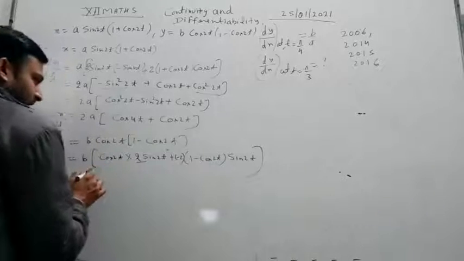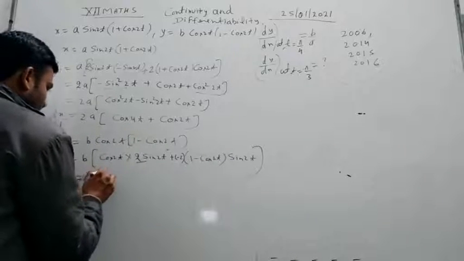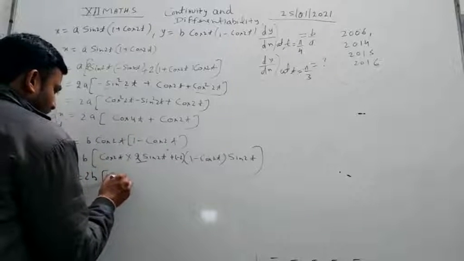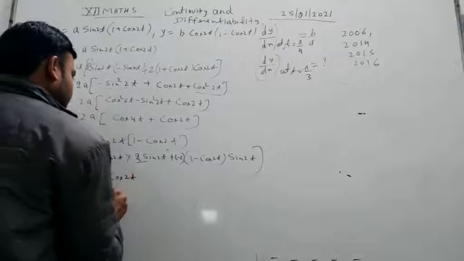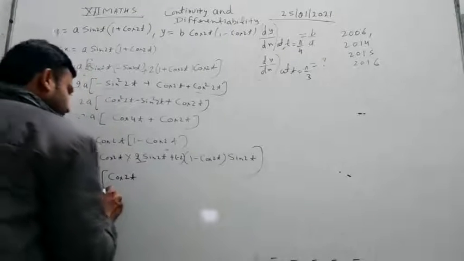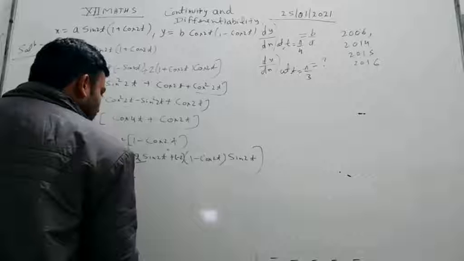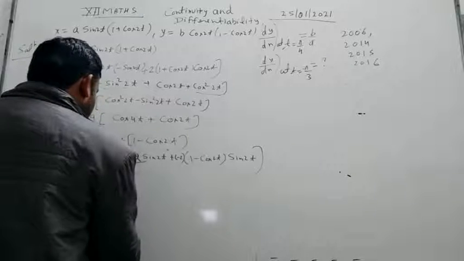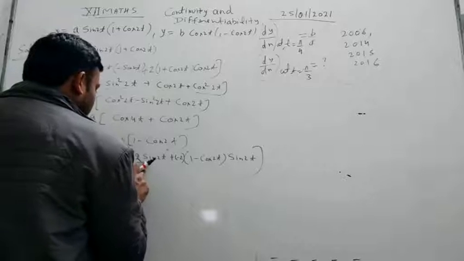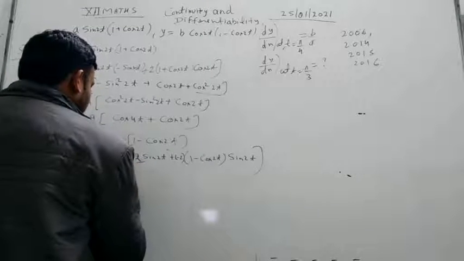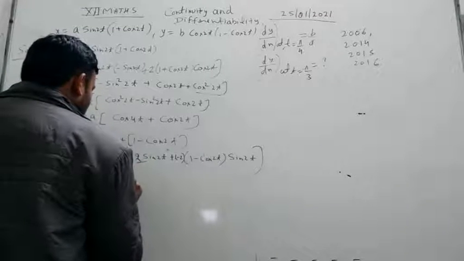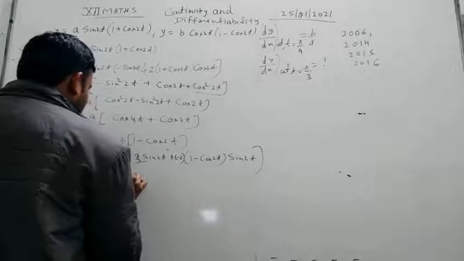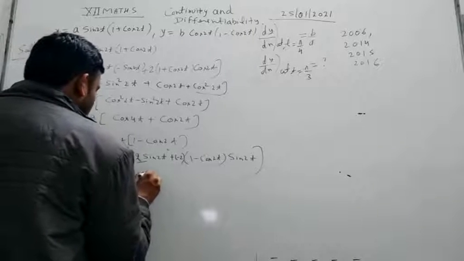So we are getting 2b and cos 2t. Don't take it outside. We see that this is 2 sin a sin b, so cos sin 2a, which is sin 4t.